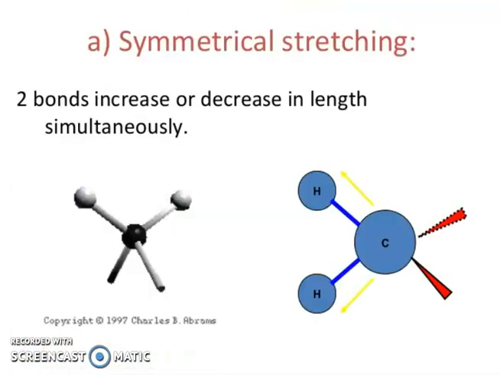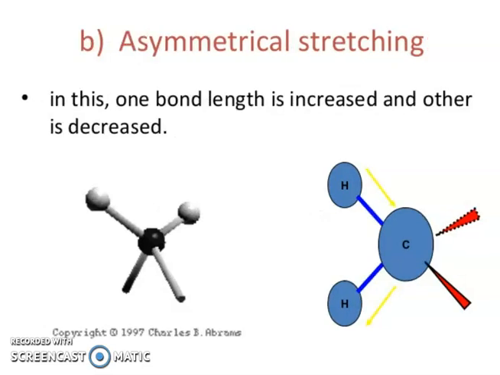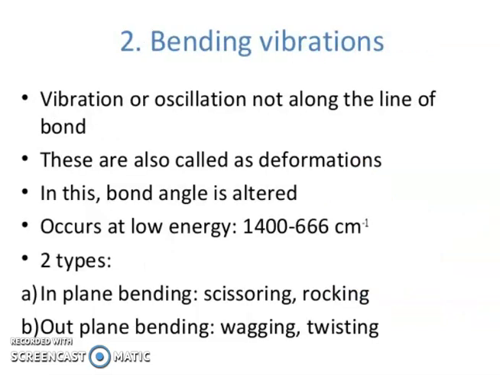Symmetrical stretching: two bonds increase or decrease in length simultaneously. Asymmetrical stretching: one bond length is increased and the other is decreased. Bending vibration is vibration or oscillation not along the line of the bond. It is also called deformation.